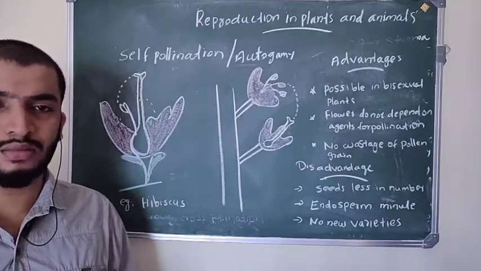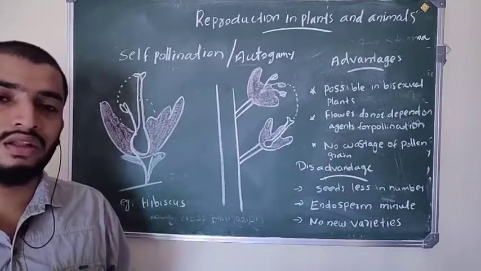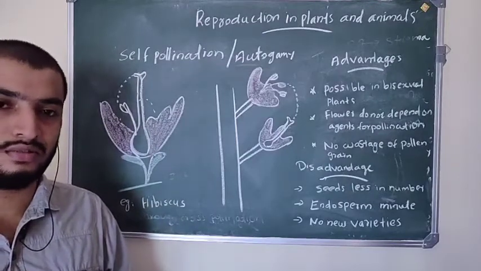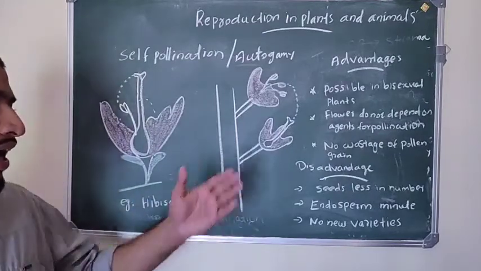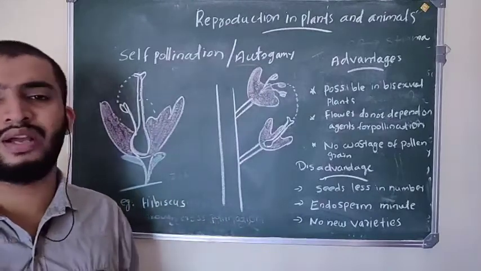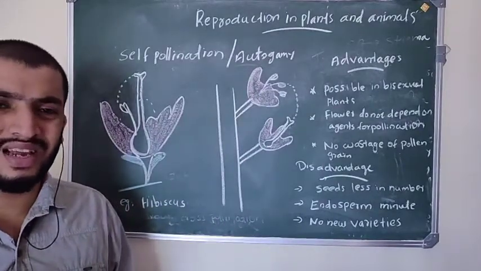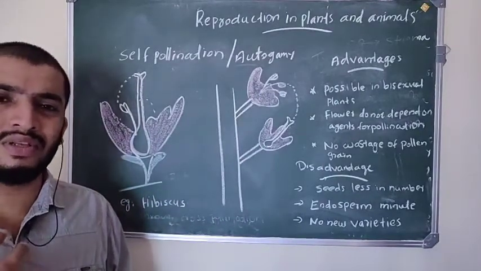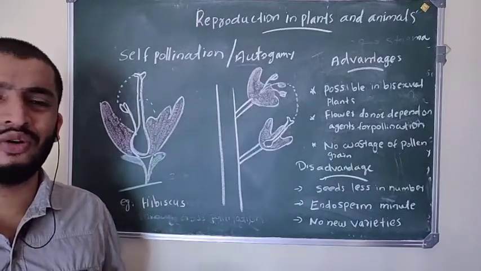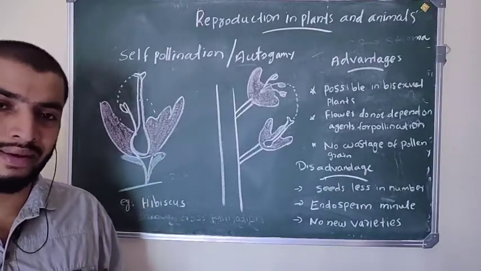In self-pollination there is also no wastage of pollen grains, because it happens in the same flower or the same plant, so there is not that much wastage of pollen grains.